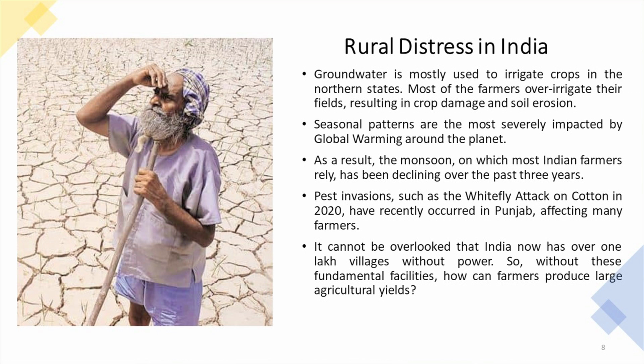Pest invasion has again deteriorated the condition of agriculture, where many pests and insecticides and pesticides, if used, deplete the quality of the agriculture produce, which is then not of good quality. It cannot be overlooked that India now has over 1 lakh villages without power.